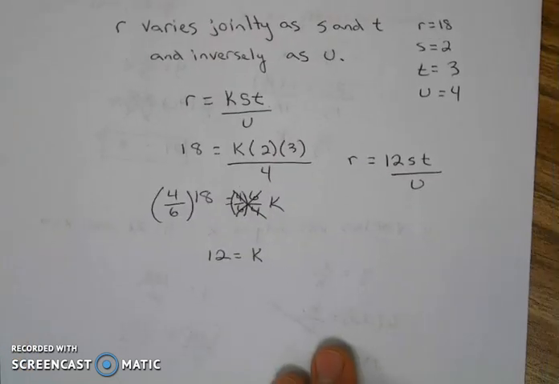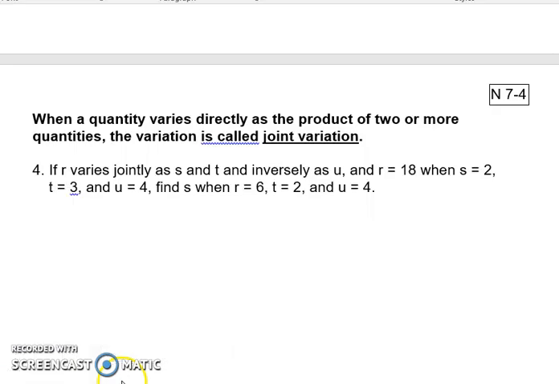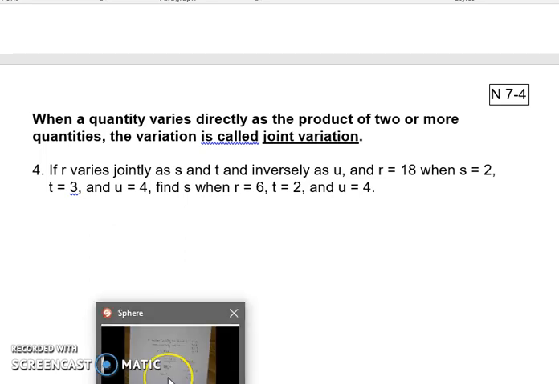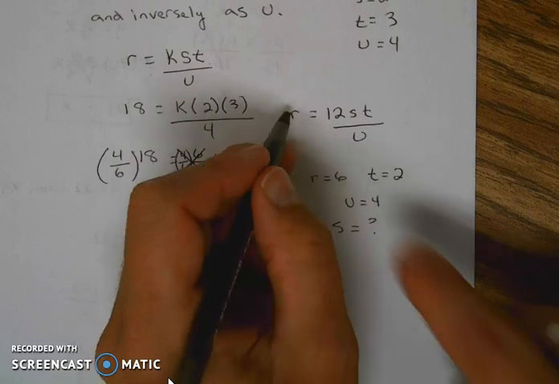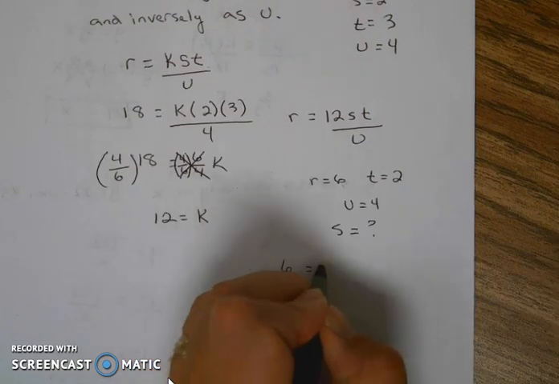And let's find out what we need to solve. Looks like they tell us that R is equal to 6, T is equal to 2, and U is equal to 4, and we're looking for S. Heading back over, plugging our numbers in. We know that R is 6.